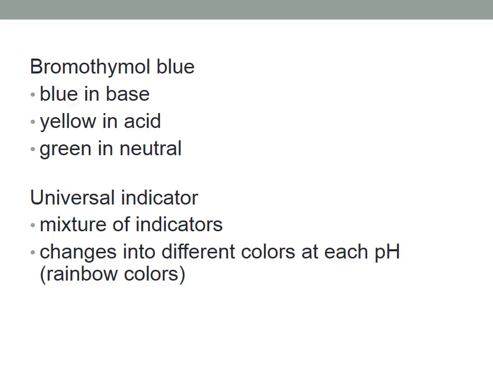Now the universal indicator is a mixture of several indicators. As the pH changes, the color will also change, so that it creates what is called a rainbow of colors. As the pH progressively changes, so will the color. So you can see a multitude of colors over a different range of pHs, instead of just seeing two or three colors as we've seen in the others before.